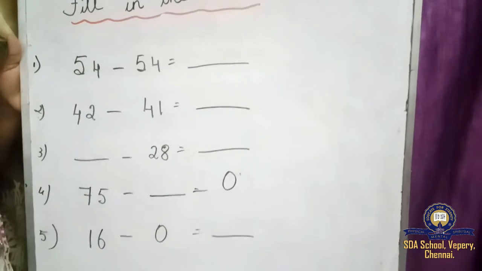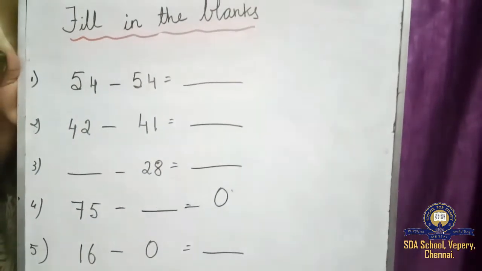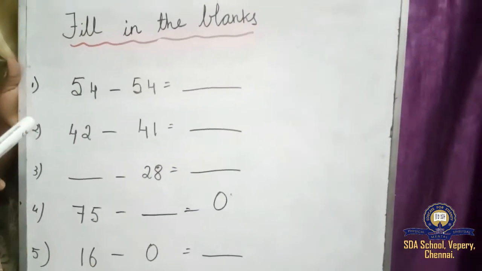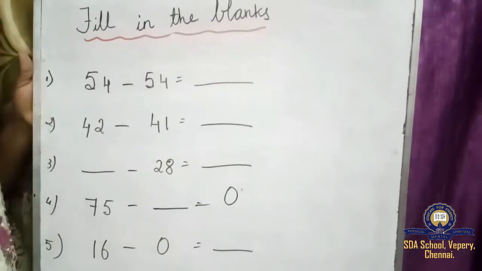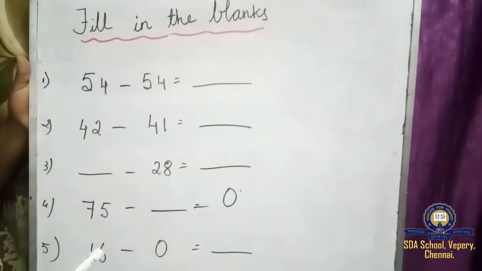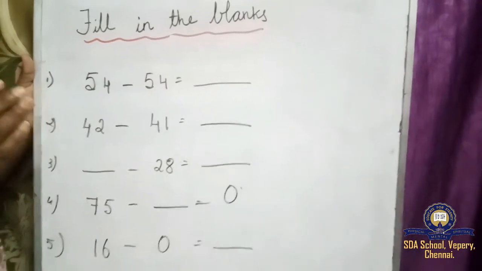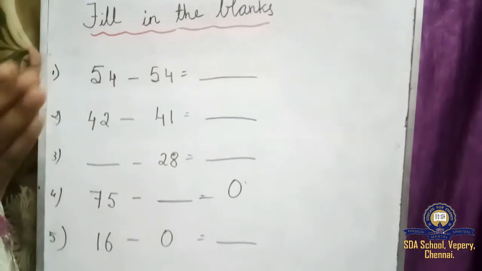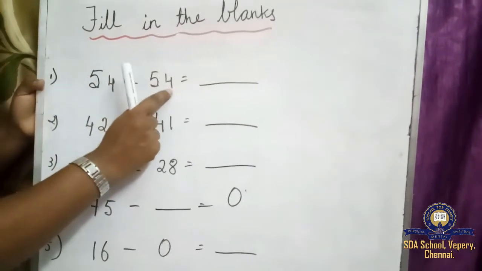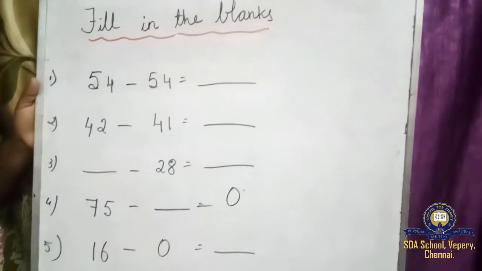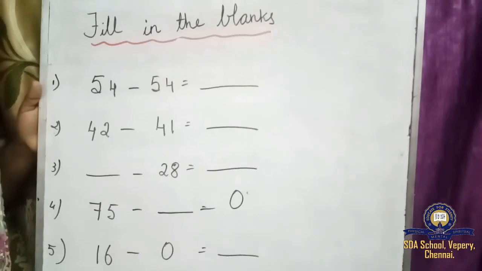Children, now I am going to check whether you understood what I taught. If you have understood, you should be able to answer this. Remember the points I told you to follow, and answer with me. 54 minus 54.